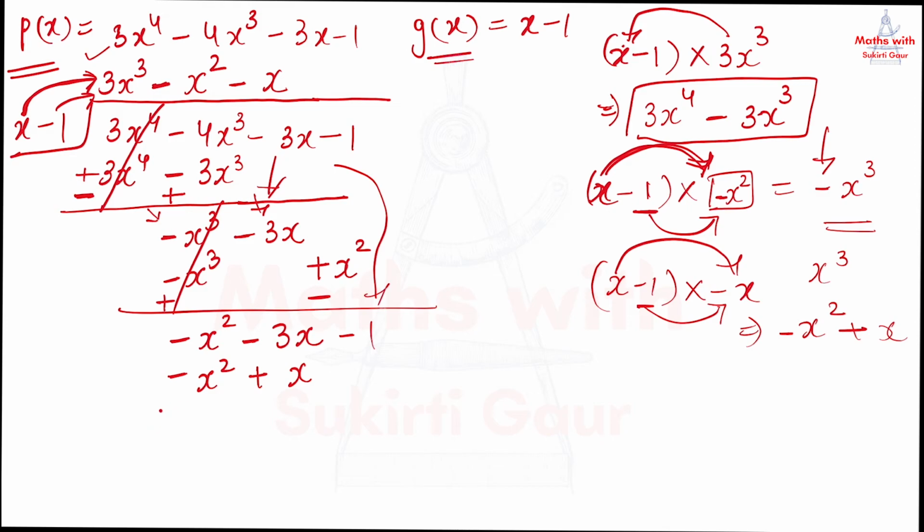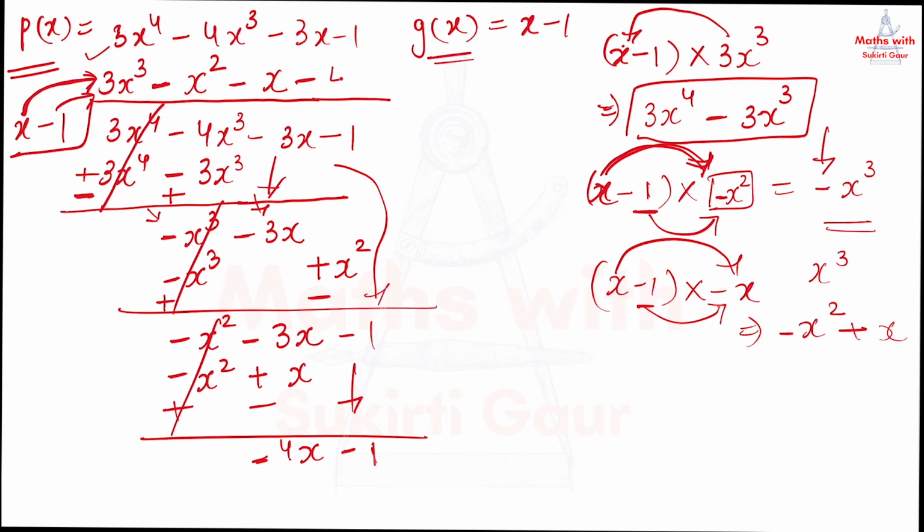Okay, again we are going to reciprocate the sign. Minus became plus, plus became minus. Just cancel out this, and we are left with minus 3x minus x, that will give us minus 4x. Now get this here, same as it is. Okay, minus 4x minus 1. Now we are going to do what?